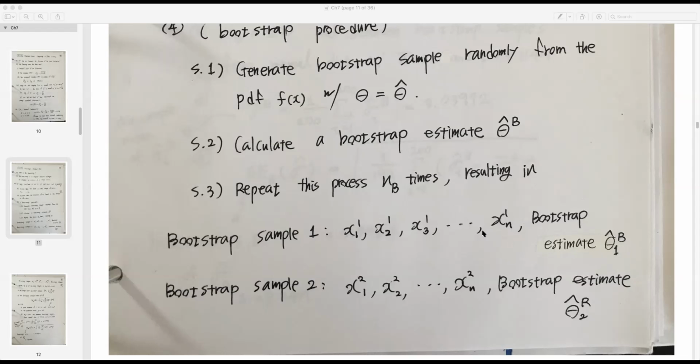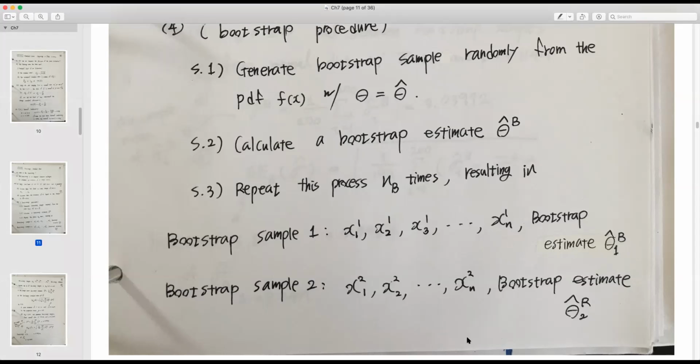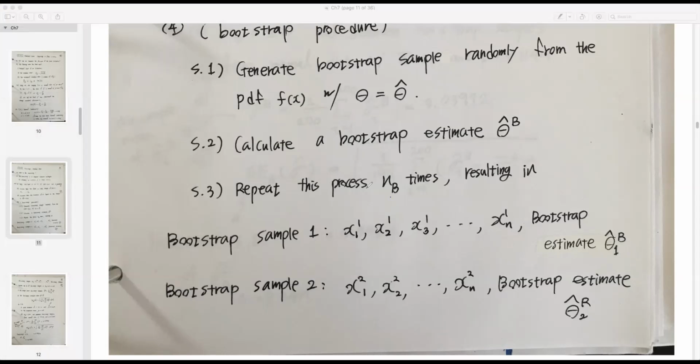Since we generate the bootstrap random sample NB times, we have NB bootstrap random samples.